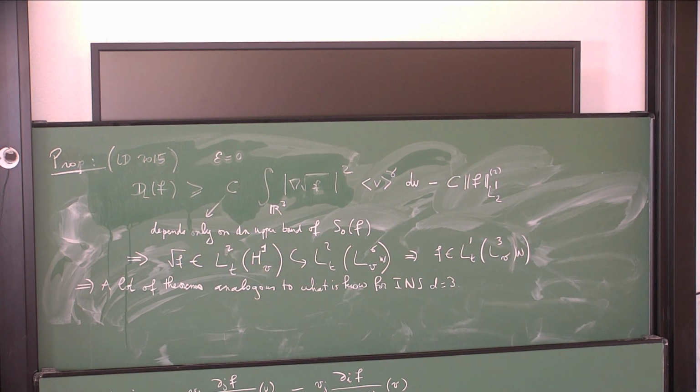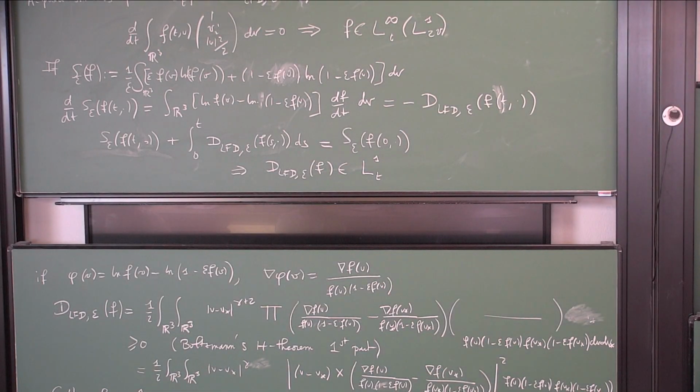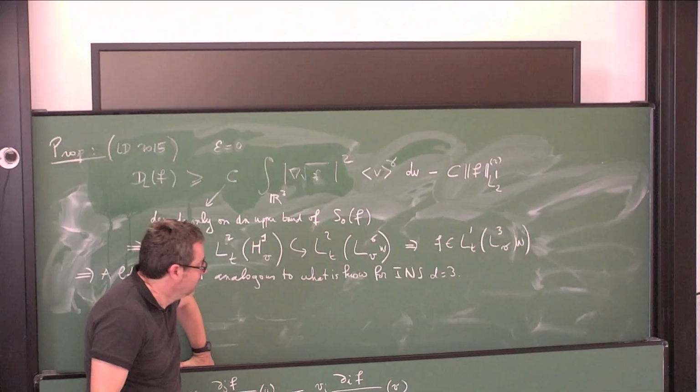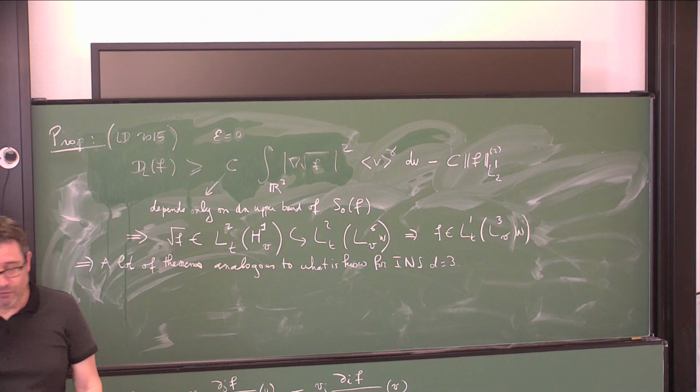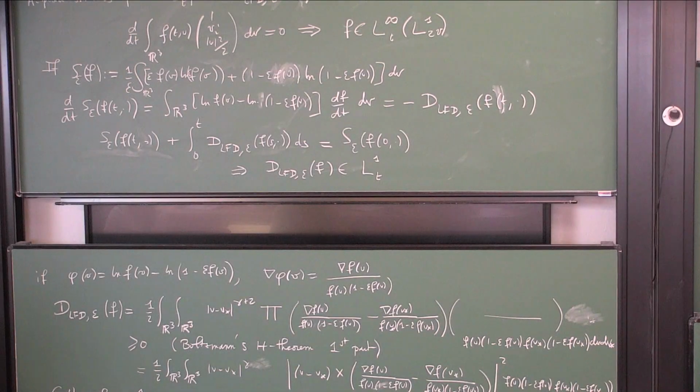Let me say that there is the equivalent of the Caffarelli-Kohn-Nirenberg theorem, and this was proven quite recently by François together with Humbert, Gualdani, and Vasseur. There is the equivalent of the theorem by Leray, which tells you that if U times gradient U is small enough, then you have a global strong solution for the incompressible Navier-Stokes.